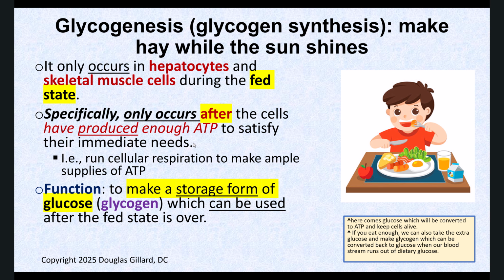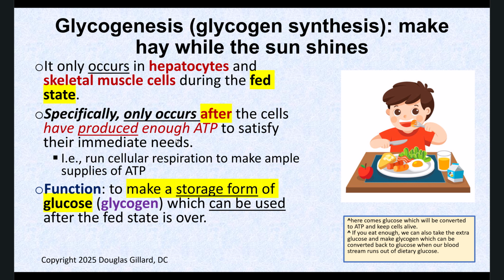So what does that mean? If you're hungry and you just start eating, you're not going to immediately start making glycogen. The liver cells are going to take that glucose and run cellular respiration to make ATP for their own needs, to power their own cellular processes.